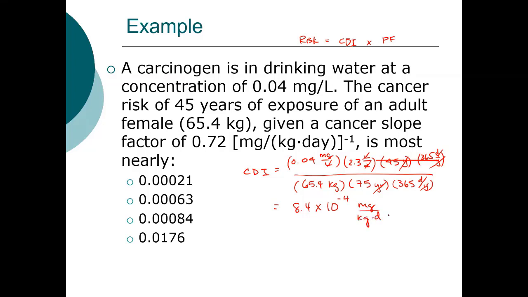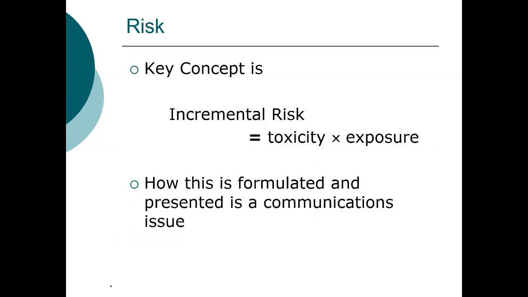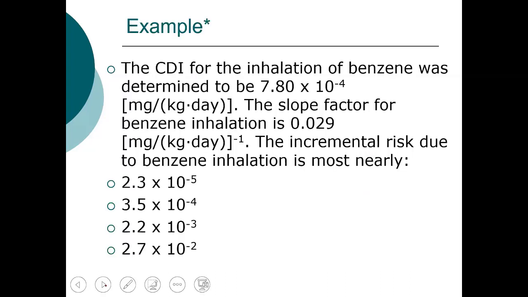And I should have corrected this and I didn't, so I've got it calculated for the CDI. And let's just say instead this asks for the incremental risk, which is your toxicity times your exposure. So we'll multiply the CDI times the potency factor, or the slope factor. The same thing. Okay, I'm going to skip this one because we've basically done it.